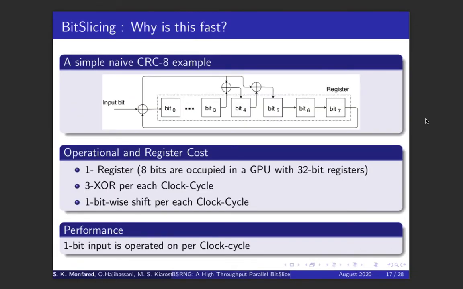To give you a picture of how BitSlicing works and why it is so fast, I would like to study a simple CRC8 example. CRC, as you might know, is a cyclic redundancy code. It checks the integrity of a big input data.